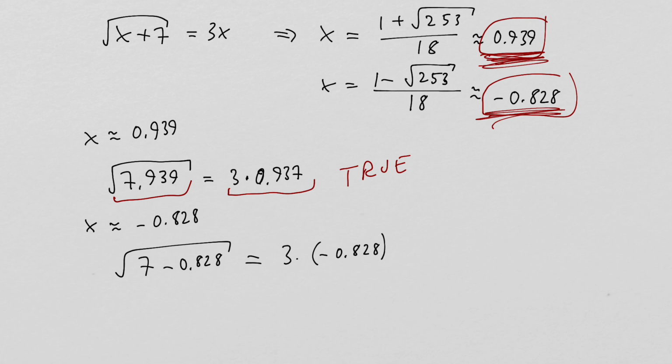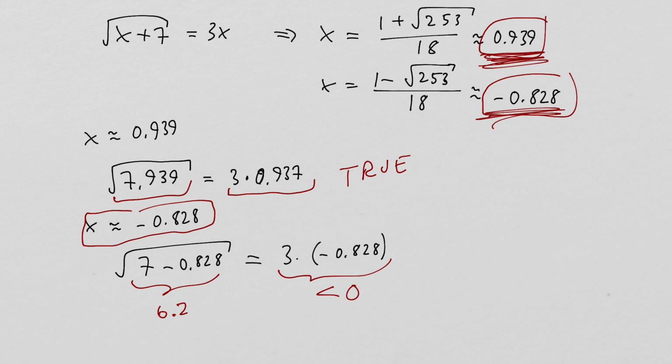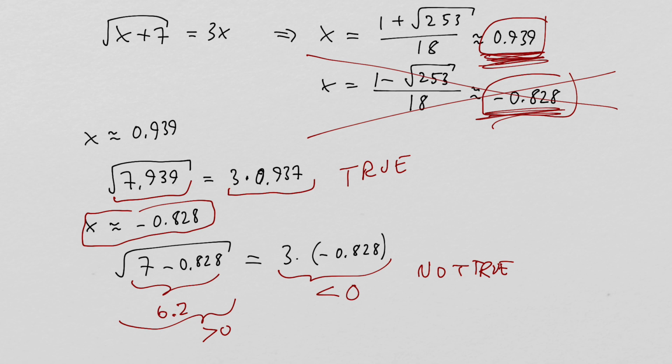If we would substitute x is minus 0.8 to the equation, we would get that the square root of 6.2 is equal to some negative number, and we find a problem. The left hand side is a positive number and it's equal to a negative number, and this is not true. So we have to cancel out our second solution. We have only one solution for the equation.